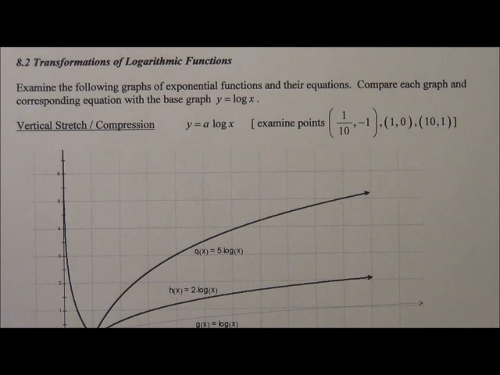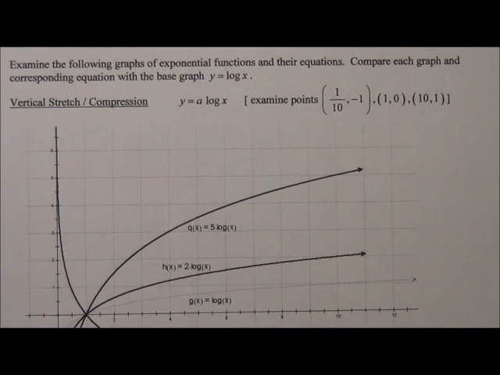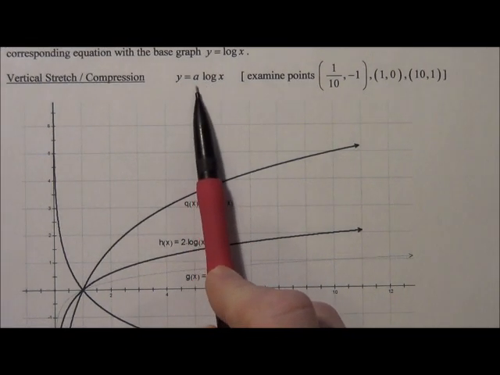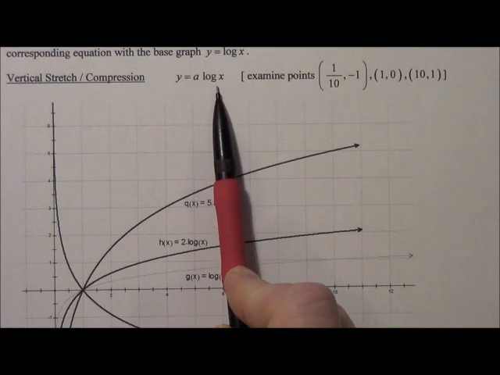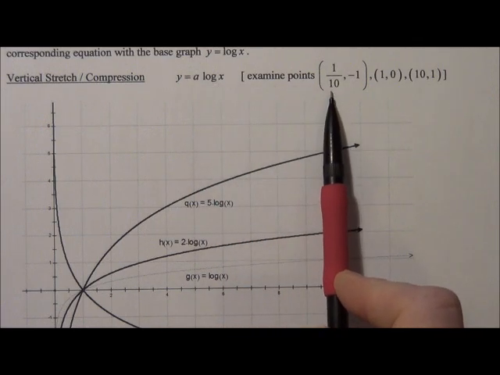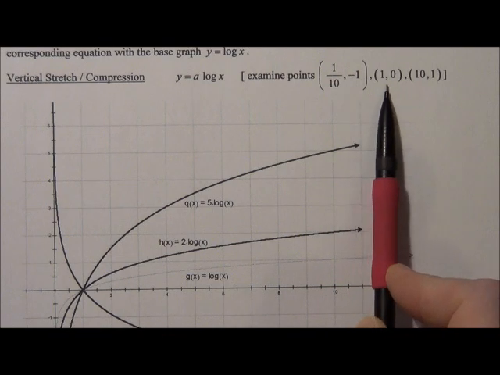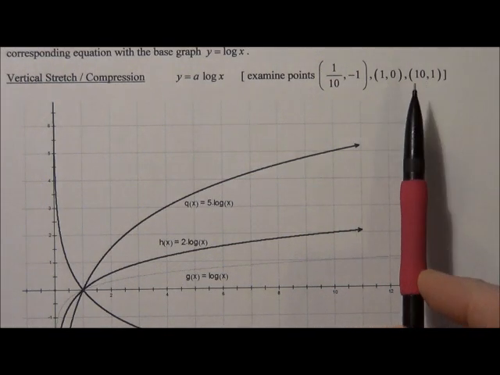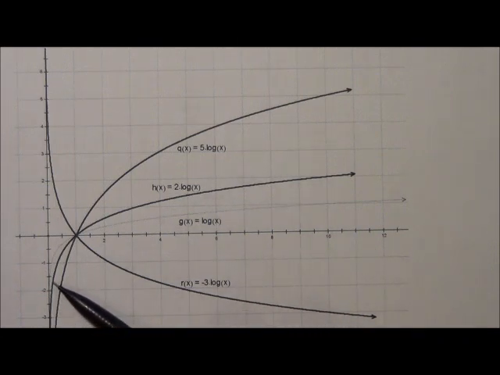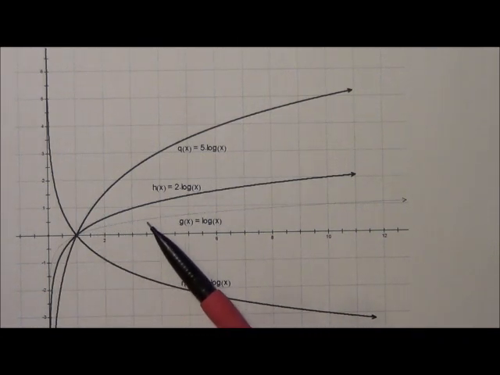In determining what transformations do to logarithmic functions, we'll start off looking at vertical stretches and compressions. So the equation would be in the form y equals a log x. Remember, where the base is 10, it's understood if it's not written. What we want to do is take a look at the points (1/10, -1), (1, 0), and (10, 1) on this original graph, which is this dotted graph right here.